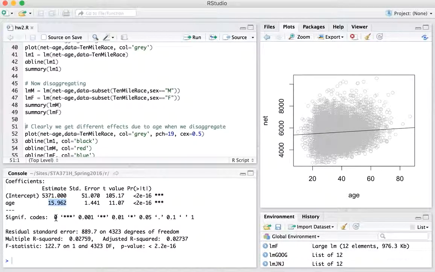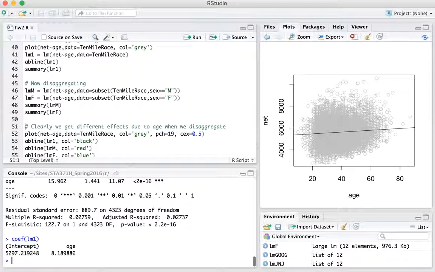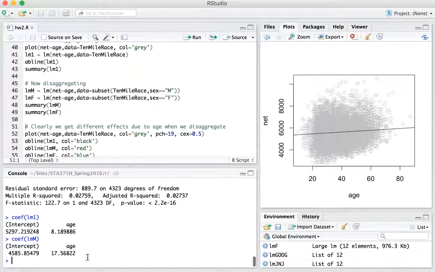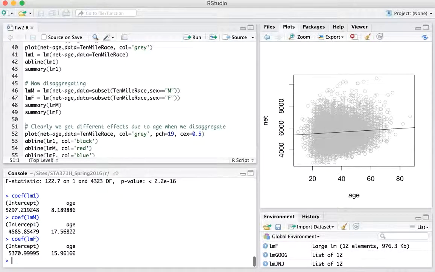So this is a little bit difficult to understand. If we compare it to the model we got by aggregating everybody and just treating everybody as part of the same sample here, we discover that on average for the whole population, the time penalty for 1 year was about 8 seconds. For men, however, the time penalty was about 17.5 seconds, whereas for women, it was about 15.9 seconds.